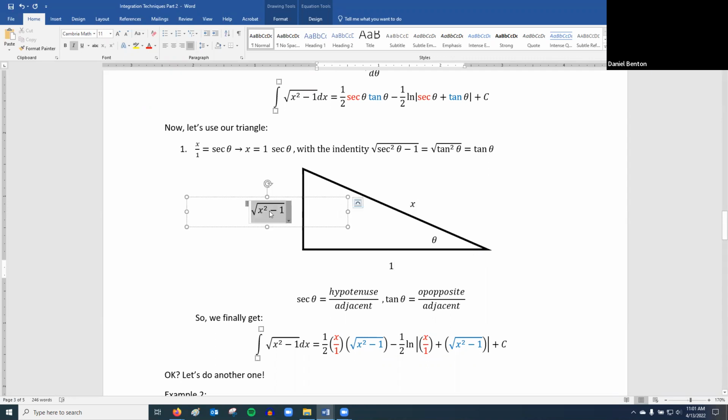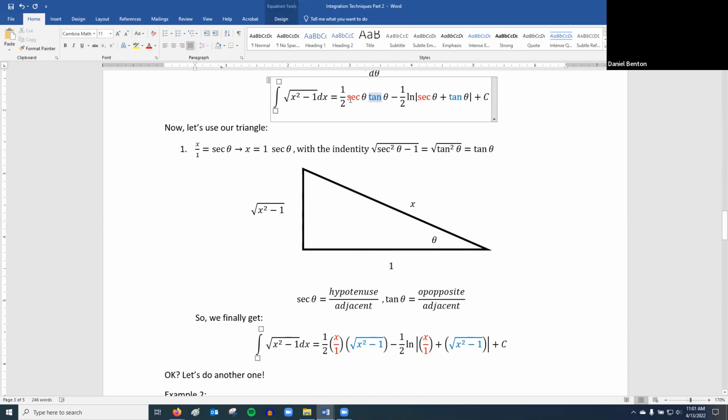Tangent is opposite over adjacent, so tangent is the square root of x squared minus 1 over 1. So we replace our secants with x's and our tangents with the square root of x squared minus 1.